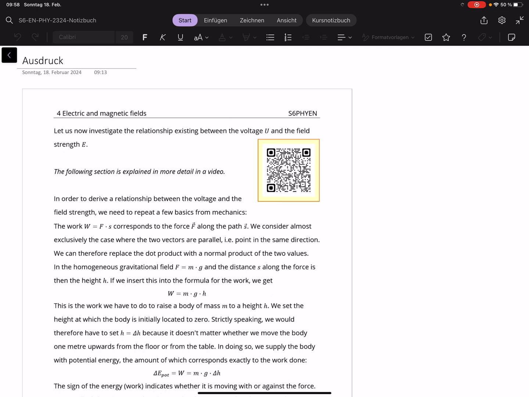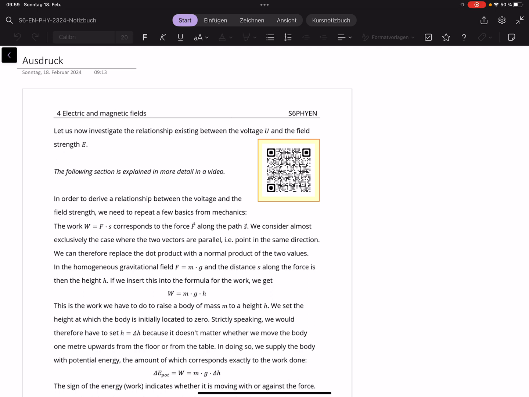And as we've already learned before, the amount of charges on both sides has to be the same. It's just a different sign. So the voltage can be considered as a reason for a charge, and this usually causes an electric field.